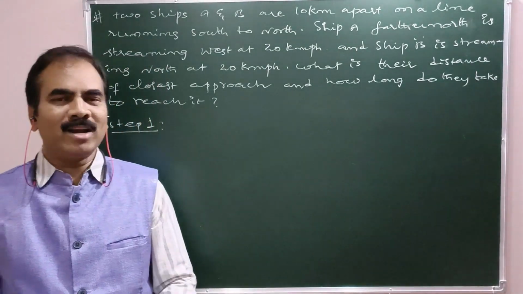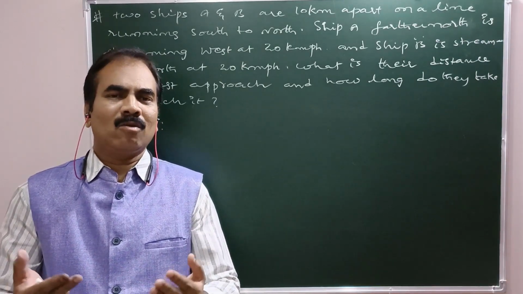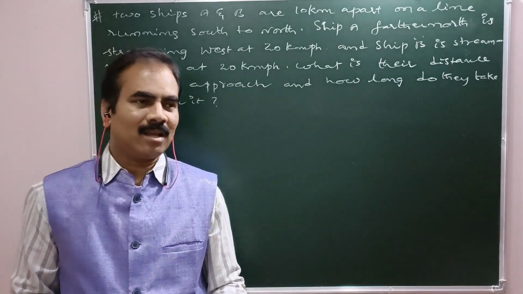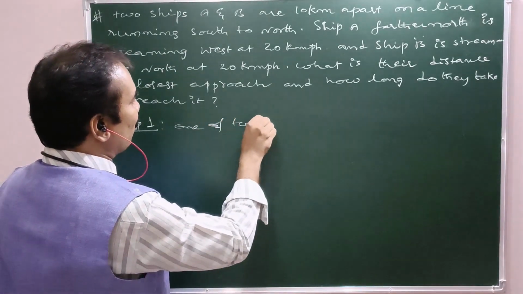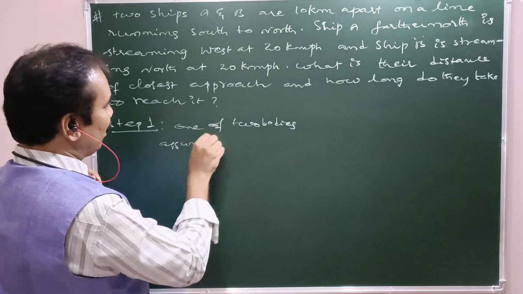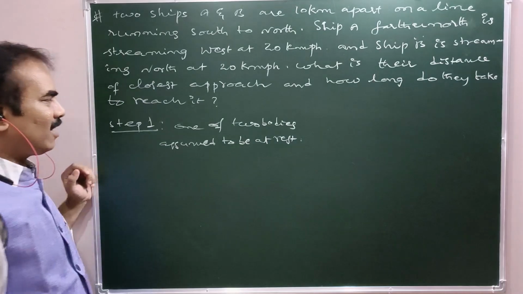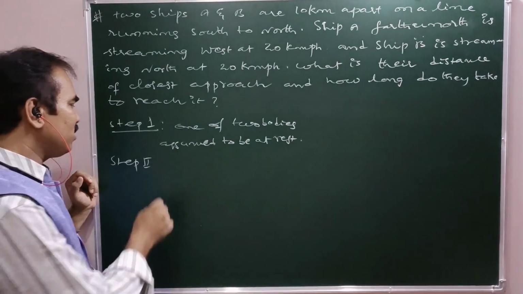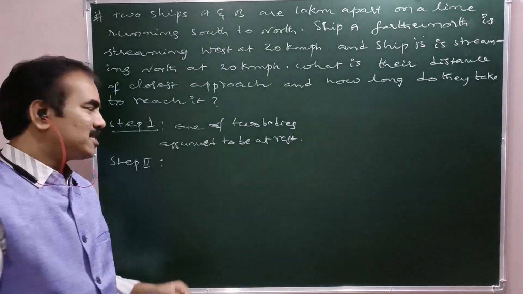Suppose there are two bodies under motion and you need to find the closest distance of approach; in that case one of the two bodies is assumed to be stationary, assumed to be at rest. At rest means stationary, right? Now step 2. What is step 2? Find the relative velocity of the other body with respect to the body which is assumed to be stationary.